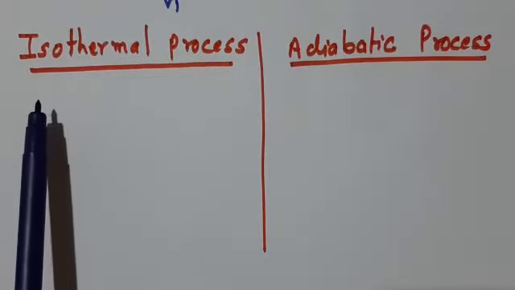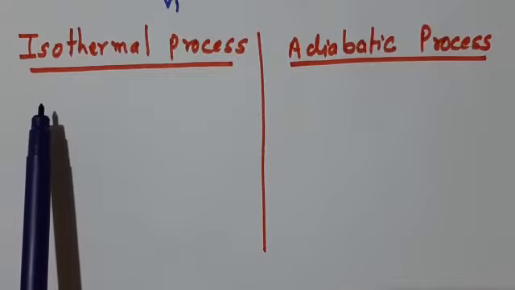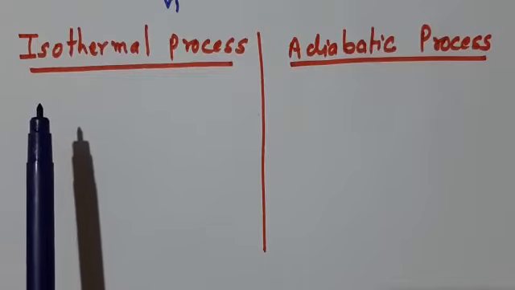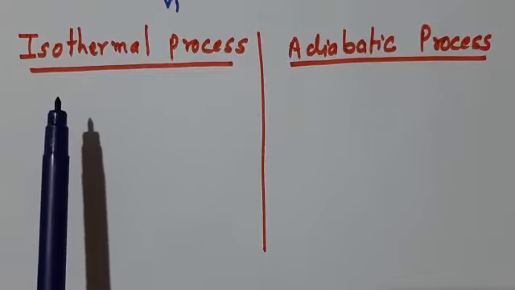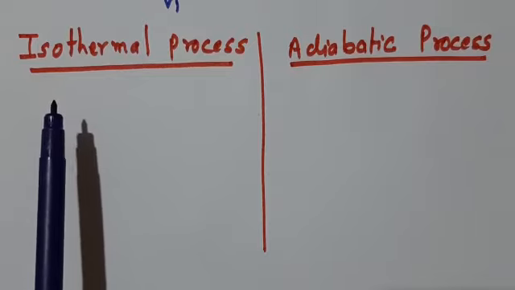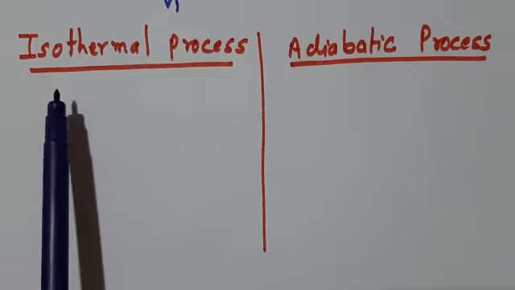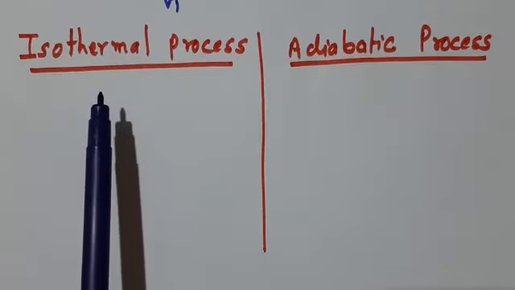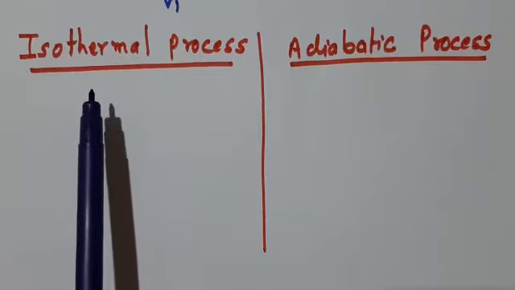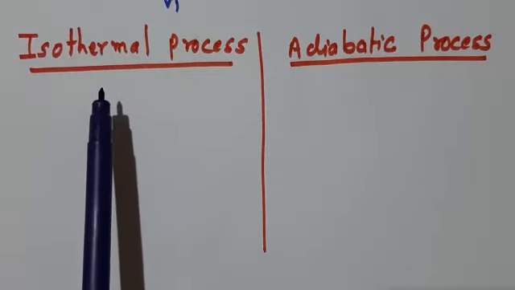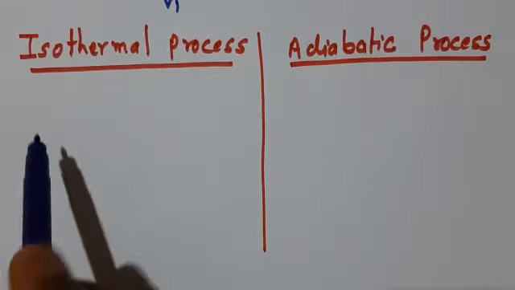In isothermal process, the temperature of the system remains constant. Hence, the internal energy of the system will not change.